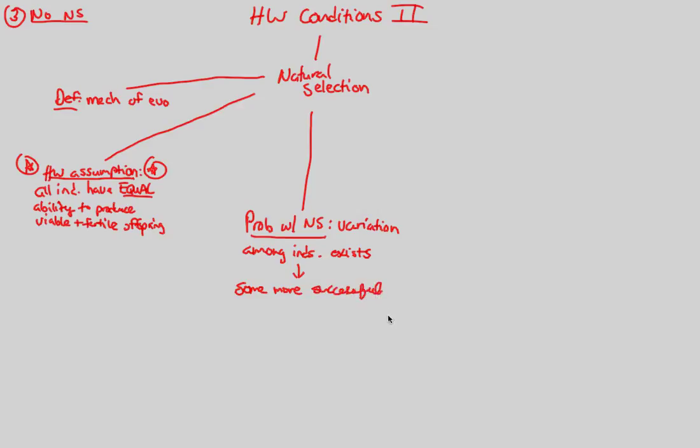That's what happens in a natural selection, non-Hardy-Weinberg scenario. Some are more successful than others at the two most important things all of life is devoted to. What are they? Survival and reproduction, right?